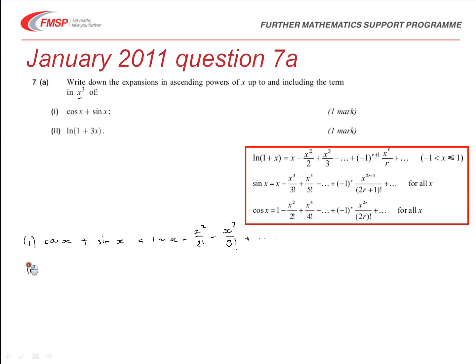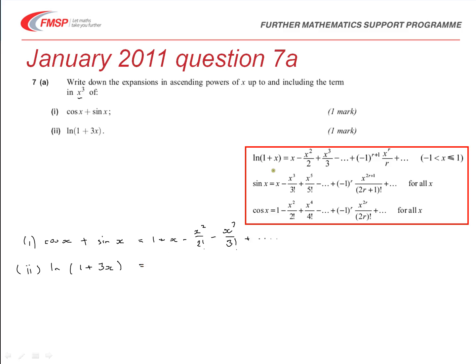Similarly, to get ln of 1 plus 3x, we're replacing x with 3x in the expansion of ln 1 plus x.